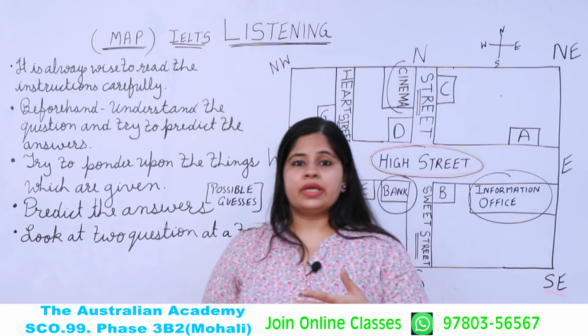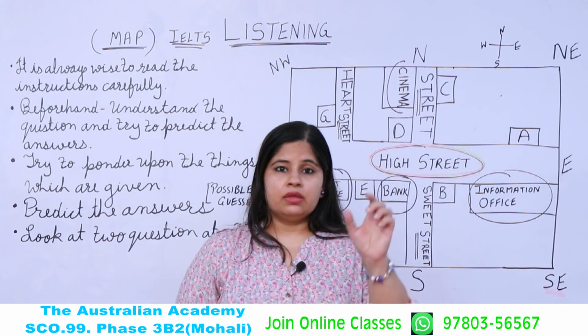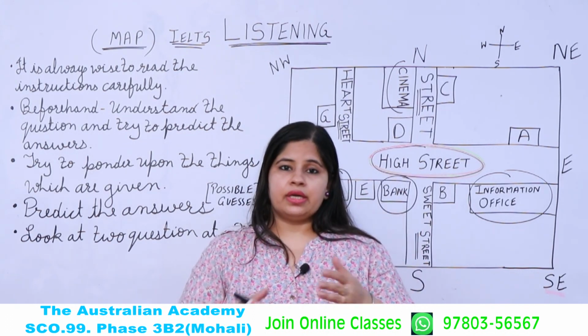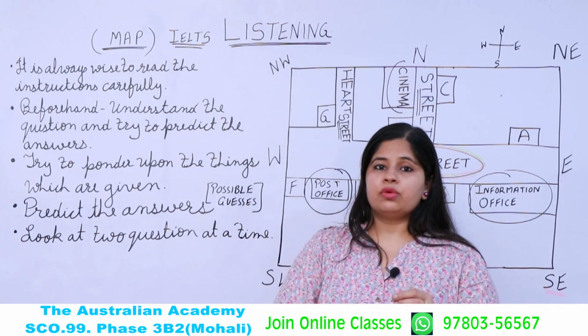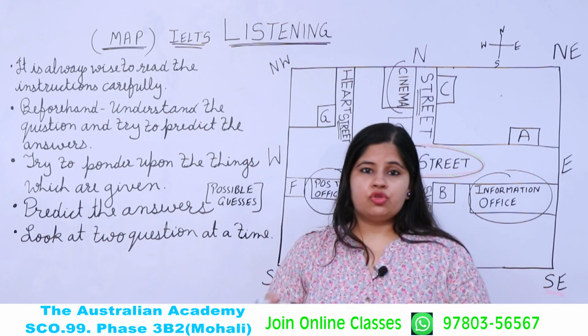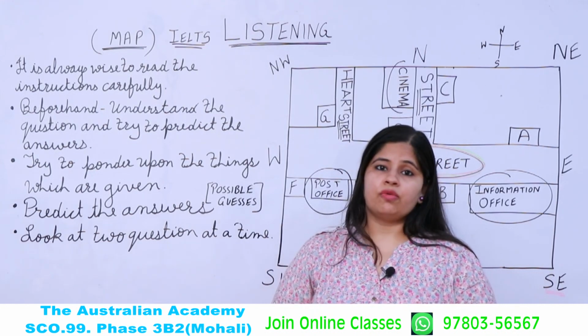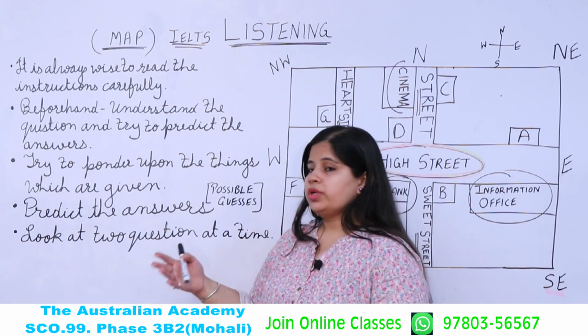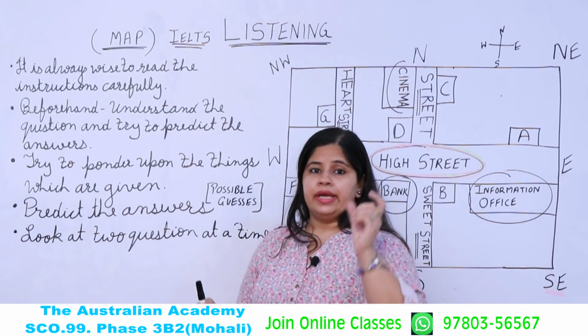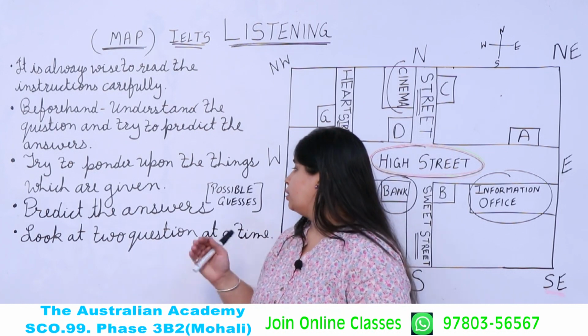A second example can be, suppose "an" is given, and something like two or three words. "An" means the word needs to begin with a vowel, like A, E, I, O, U. This grammatical help is going to assist you in making the possible guesses.